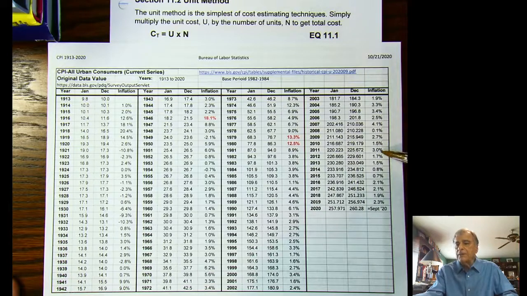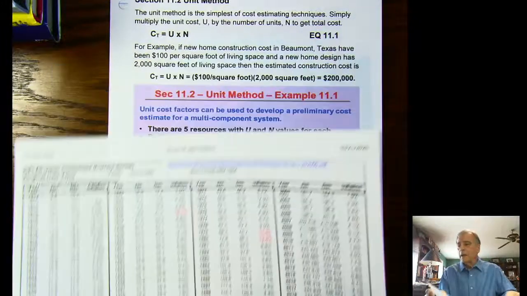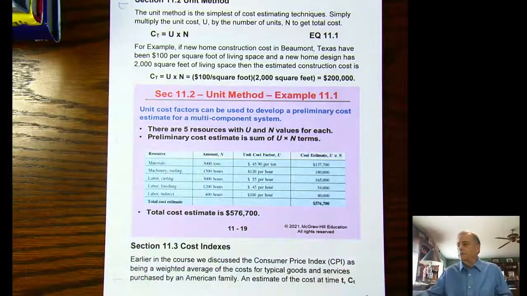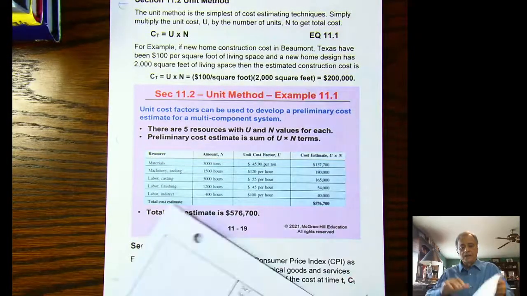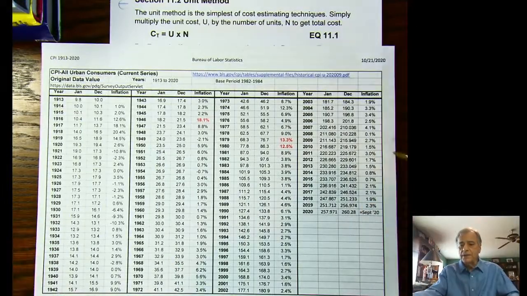In 2011, it was 3%. 2012, 1.7, 1.5, and so on and so forth. I'll post this with the lecture notes on Blackboard. But you can see that recent years, the inflation rate's been very low, like around 2%, as I said.